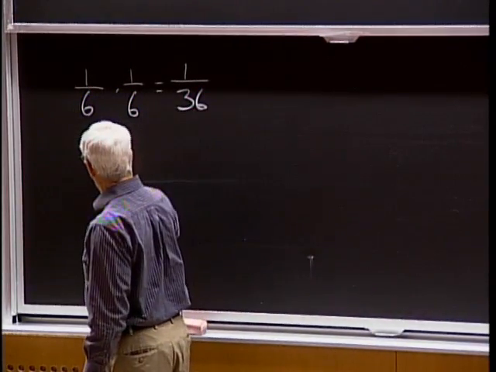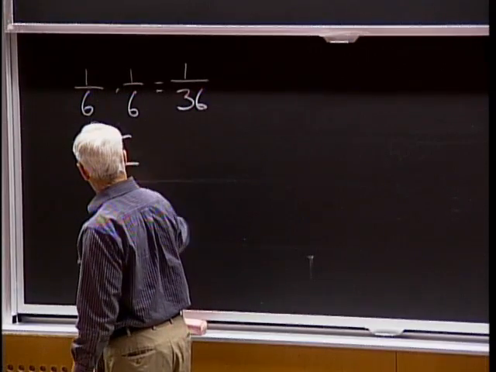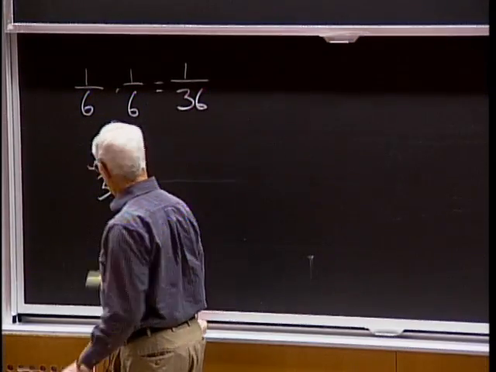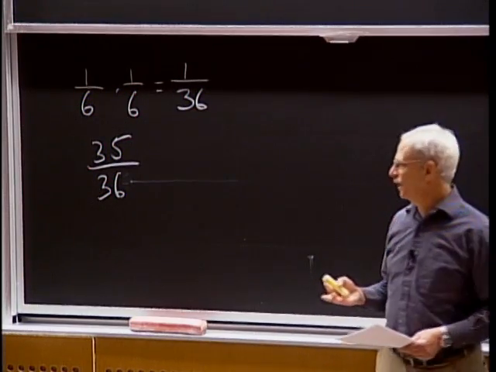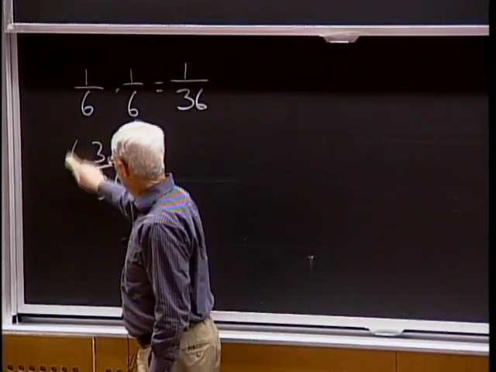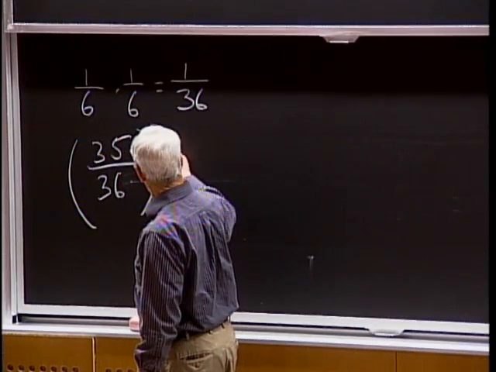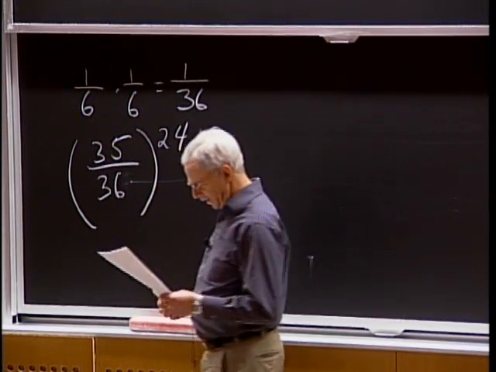So now we know that the probability of not getting it is that. What's the probability of not getting it 24 times in a row? It's that.